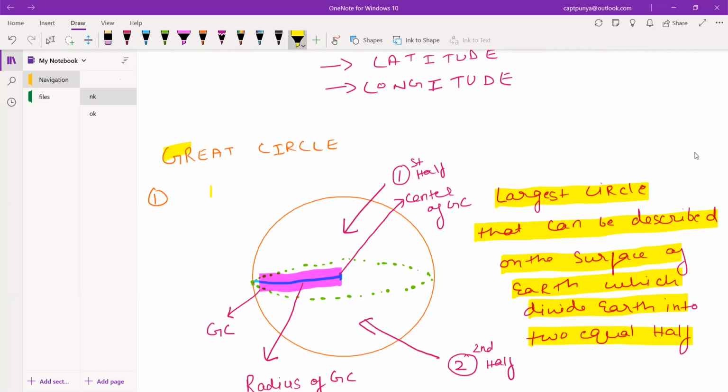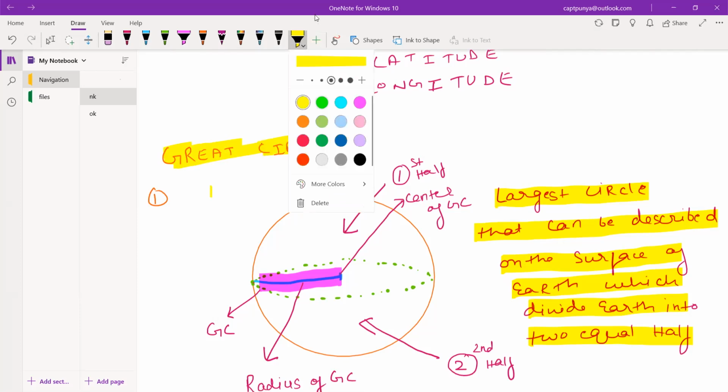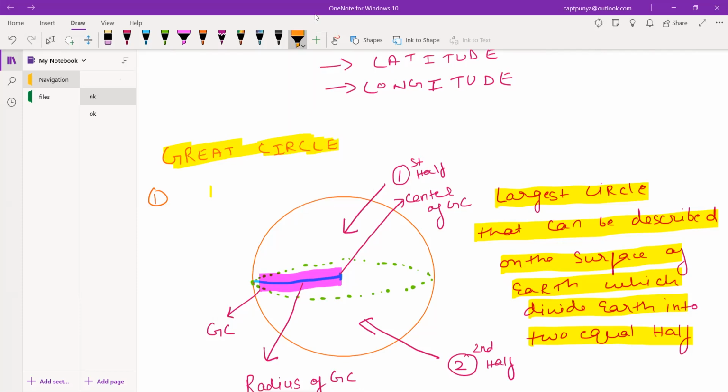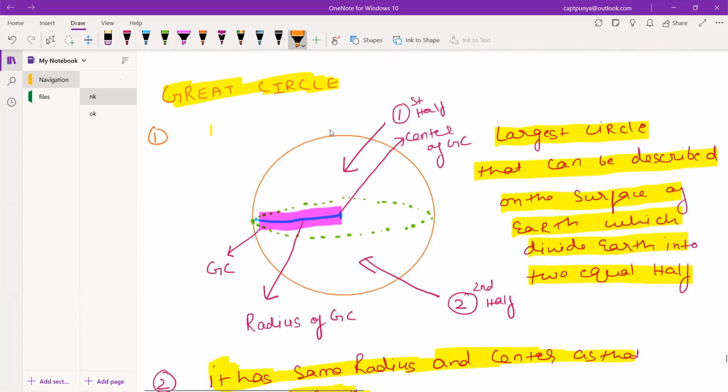So guys, if we talk about the great circle, let me take some different color. We have talked that it is the largest circle that can be described on the surface of the earth, which divides it into two equal halves.